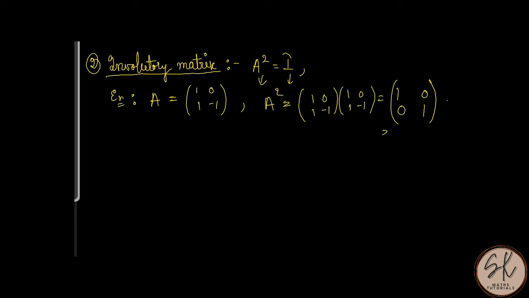So what we got is I, isn't it? That is the identity matrix of order 2. So here the identity matrix is always an involutory matrix.